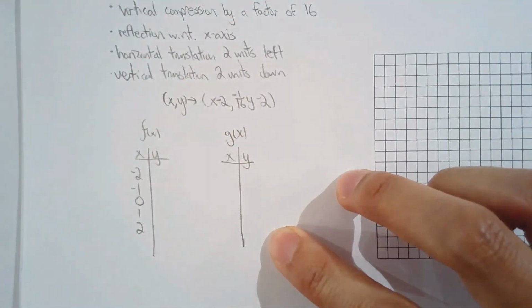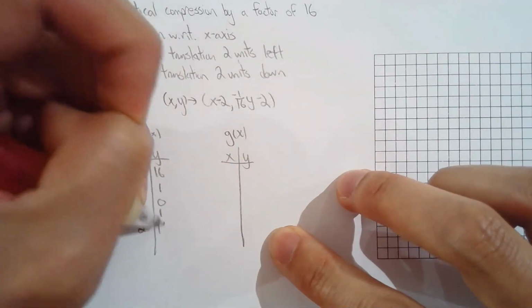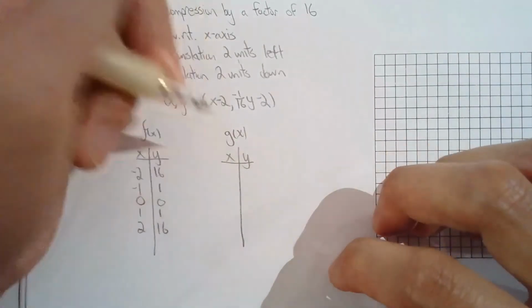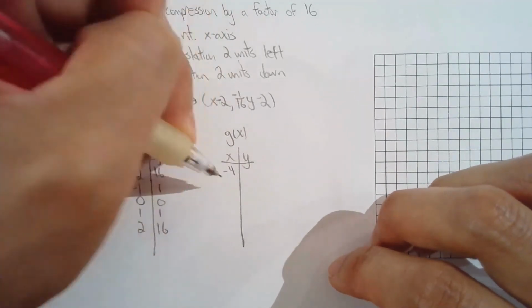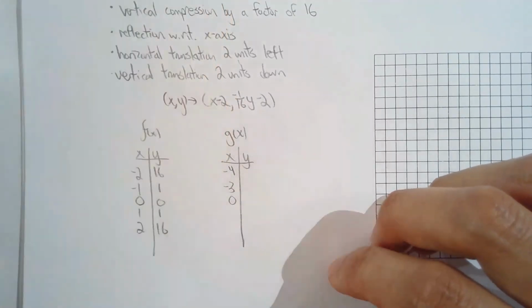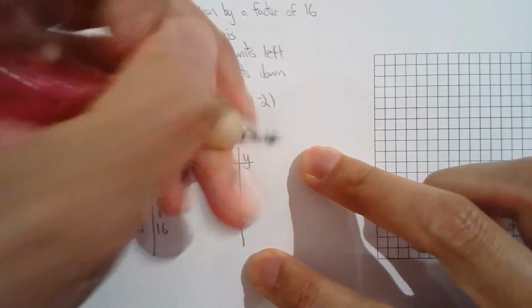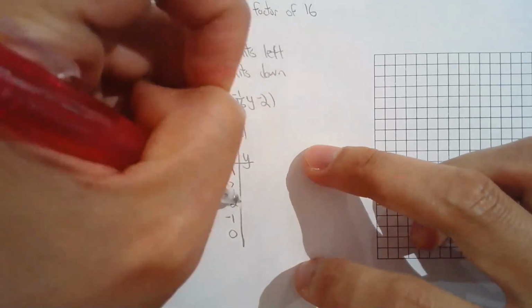Oops, I forgot the y values. It's 4, so it's 16, 1, 16. And this is now, let's see, subtract by 2. So negative 4, negative 3, 0, oops, negative 2, negative 1, and 0. There we go. There's my 0.